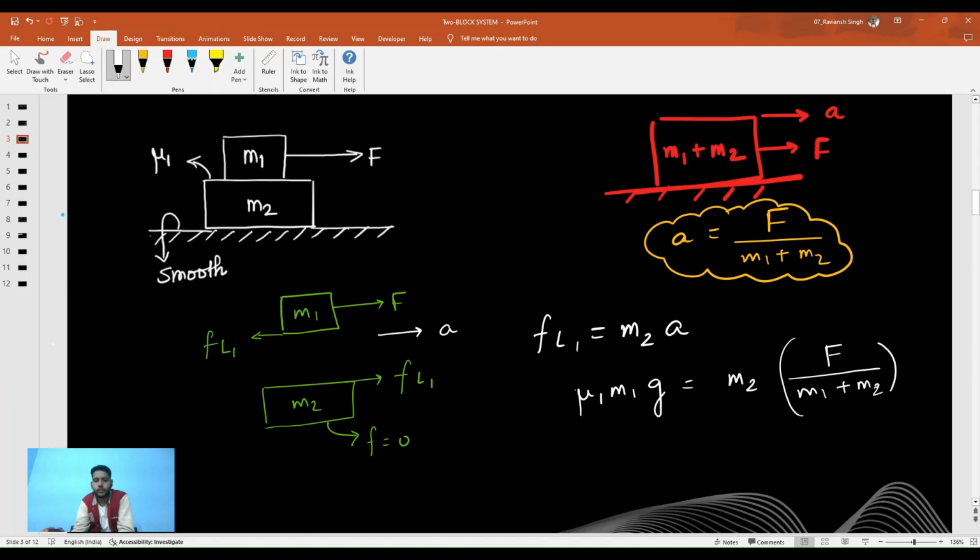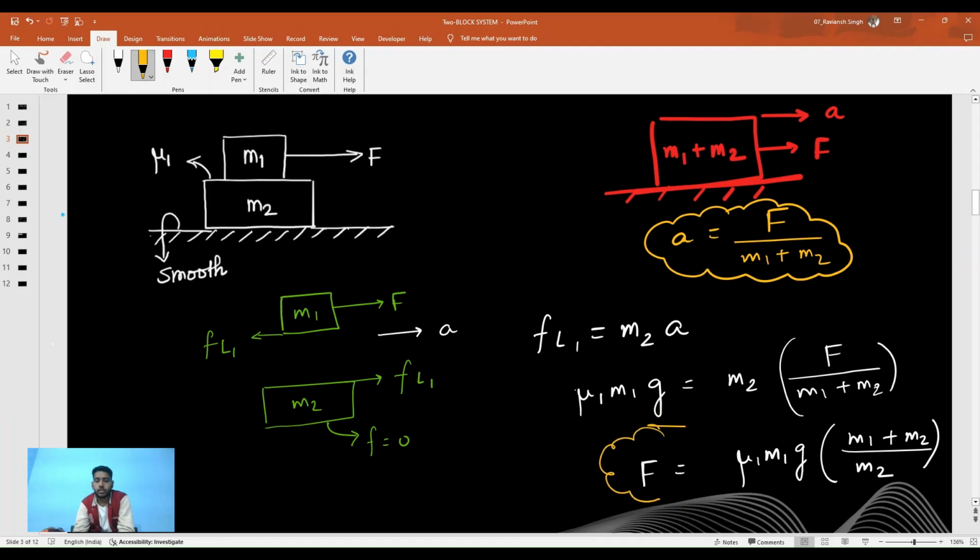So F is equal to mu1 m1 g into m1 plus m2 upon m2. This is the amount of force required for the bodies to not slip over one another.